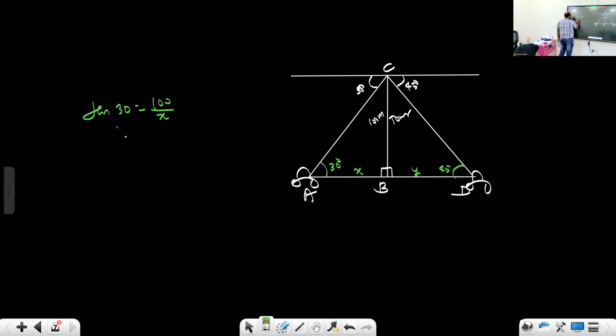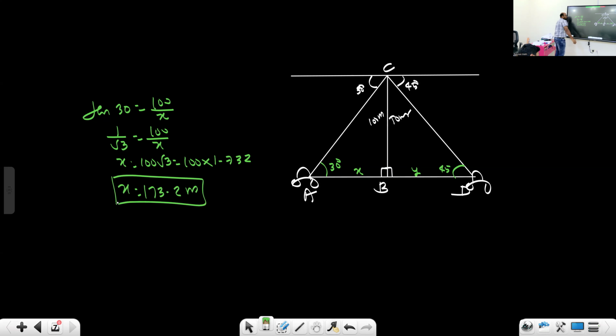What is tan 30? It is very easy question actually. X equal to 100 root 3. 100 into, what is the restriction? 1.732. So x you got 173.2 meter. X is not connected with the second triangle, so don't bother about it.